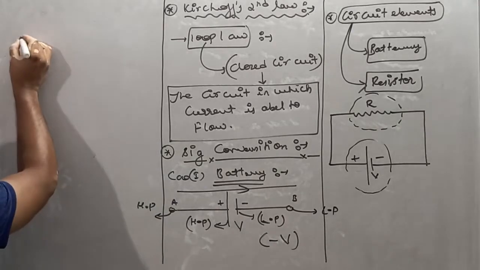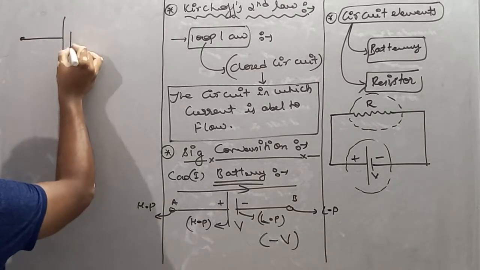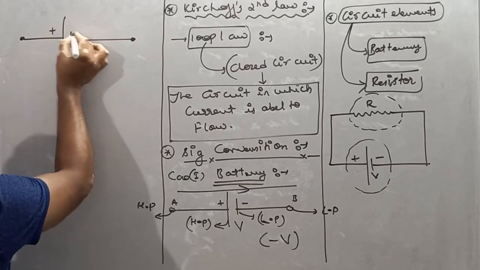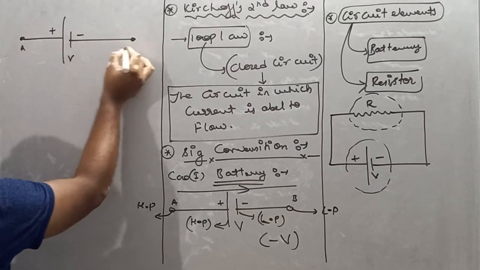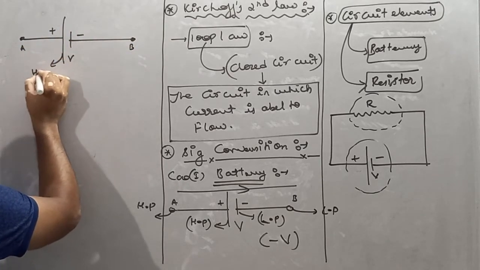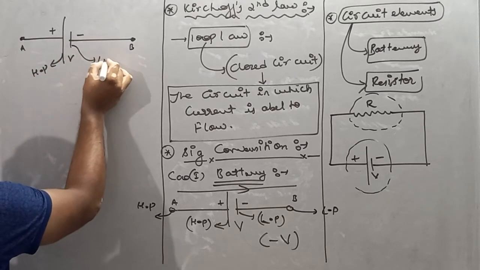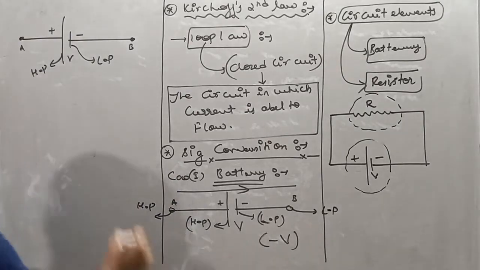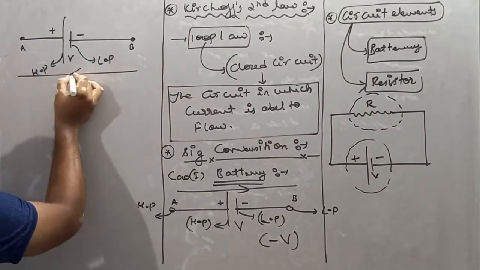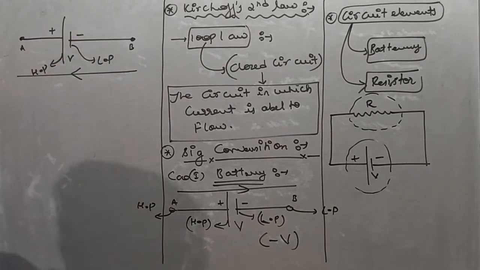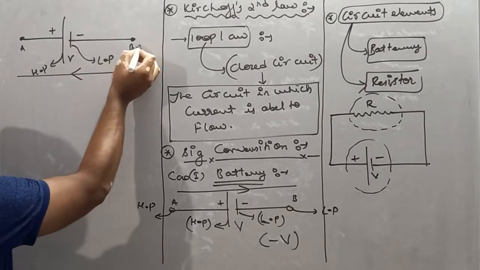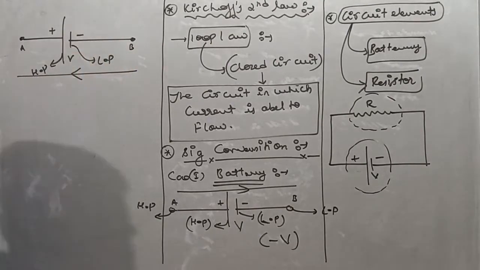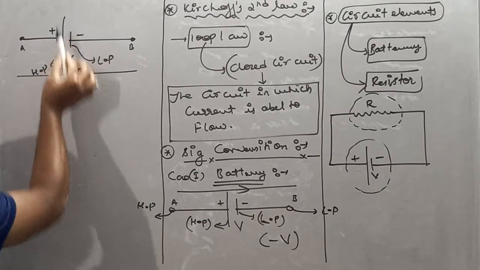Similarly, in the second case, let's suppose this is a battery with plus and minus, this is A, this is B. We know that the positive terminal carries higher potential and the negative terminal carries lower potential. Now my dear student, let's suppose I go from point B to point A. B is connected with the lower potential and A is connected with the higher potential.